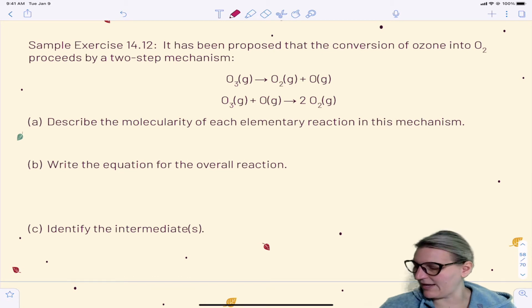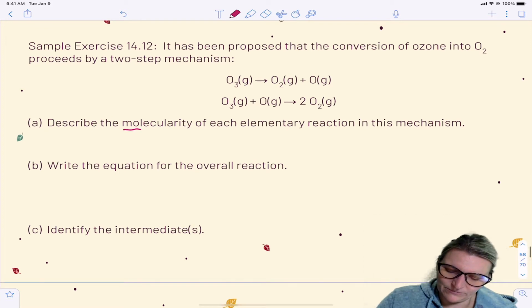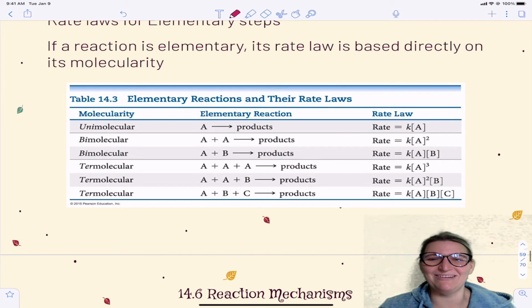So let's take a look at an example here. It has been proposed that the conversion of ozone to oxygen gas proceeds by a two-step mechanism. Describe the molecularity of each elementary reaction in this mechanism. Molecularity, if you cheat and go on to the next page and you look at this graphic, is just a fancy way of describing how many molecules or how many species are reacting.